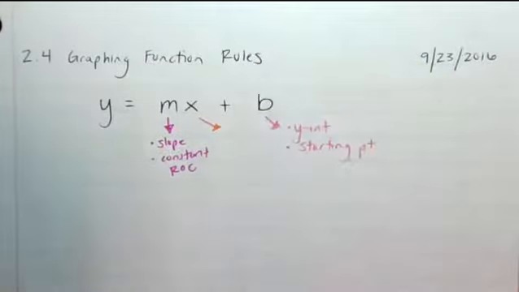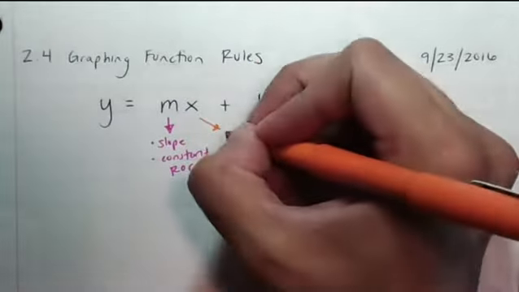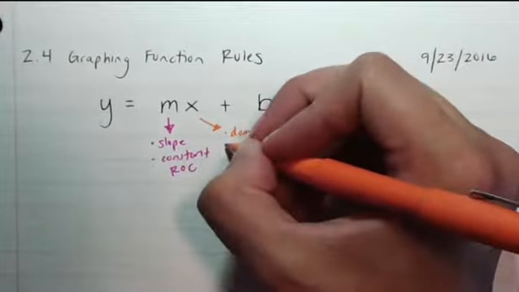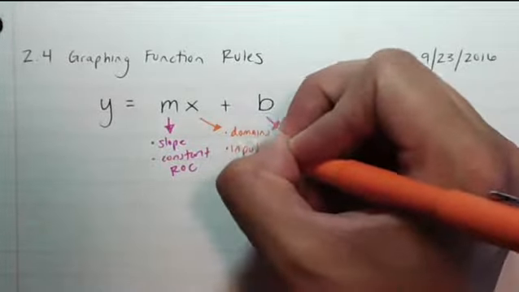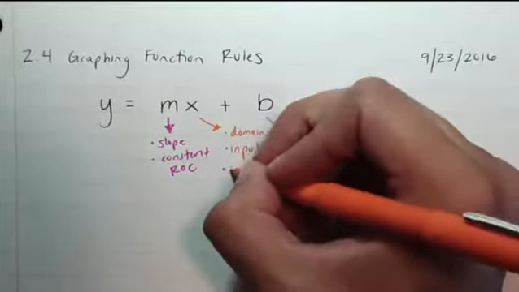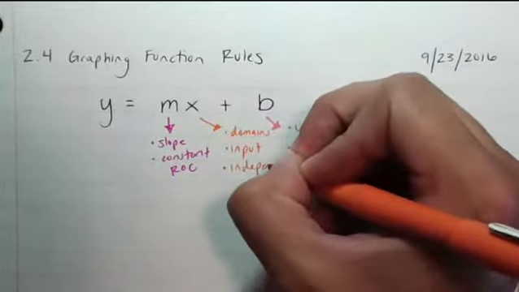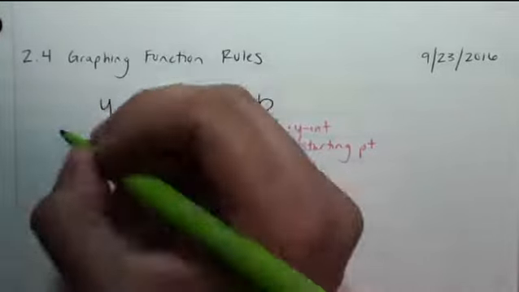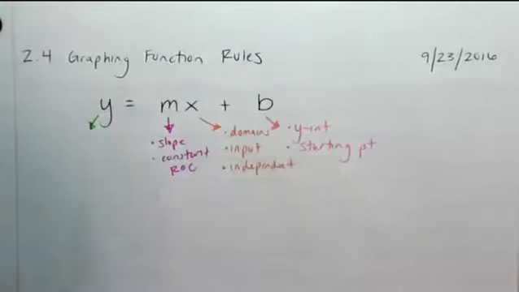The x and the y don't change, but we know that the x variables could also be identified as the domains. We're going to use the word input a lot today, and our independent variables. And then the y values, again, don't change.